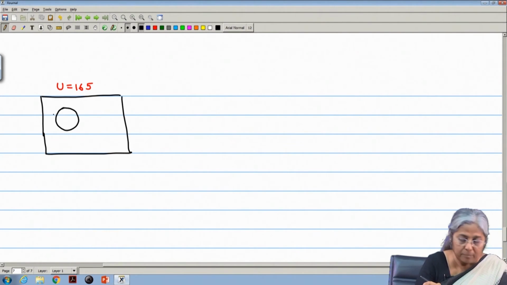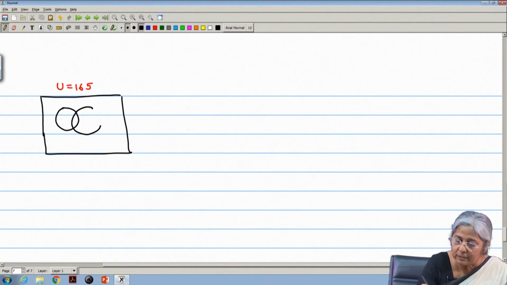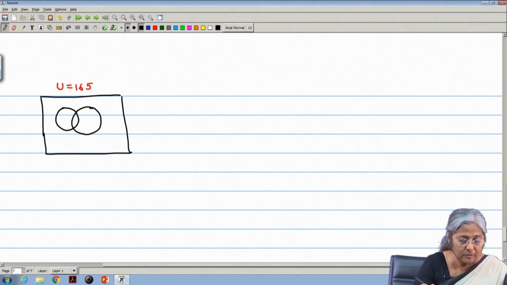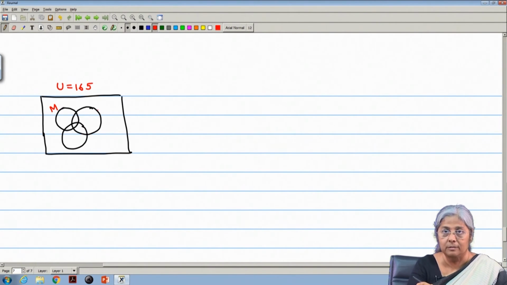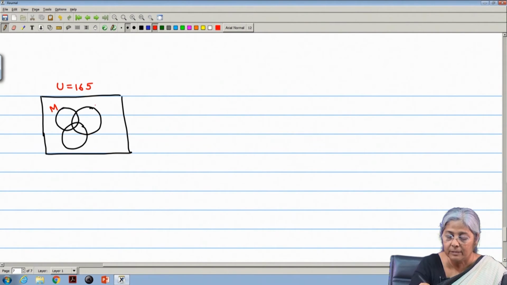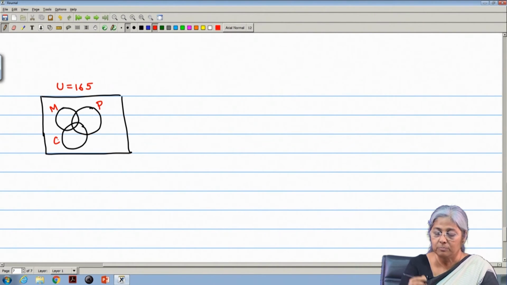One is my mathematics, one is my physics, and physics is 83 students, so a slightly bigger set. Another is my computer science. I represent by M the set of students who are taking mathematics, by P the set of students who are taking physics, and by C the set of students who are taking computer science.